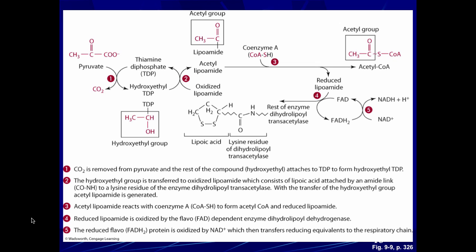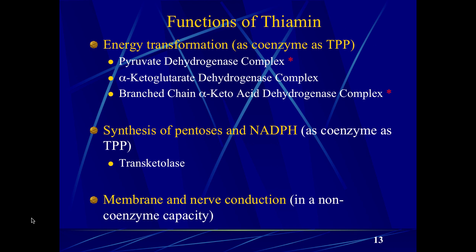And as we're going through these major functions of thiamine, we're now going to drop down to the second major bullet point that says the synthesis of pentoses and NADPH. This is as a coenzyme as thiamine pyrophosphate. So the principle is the same.